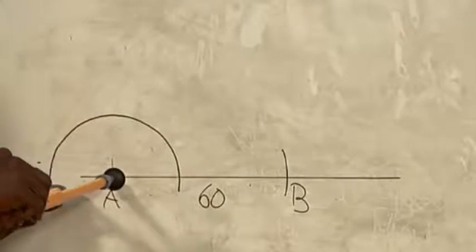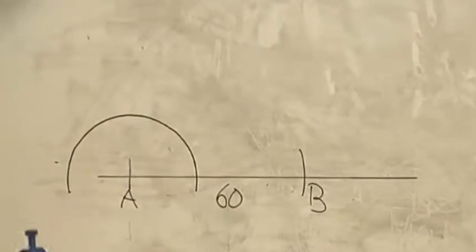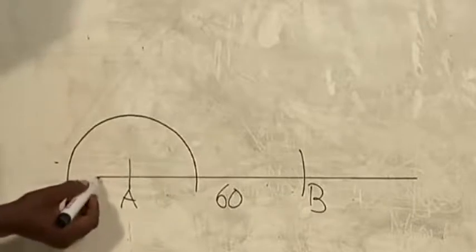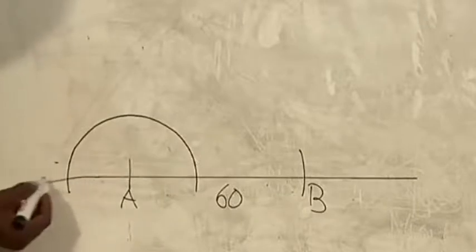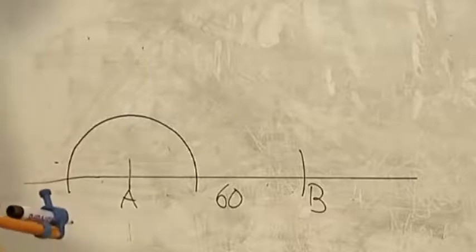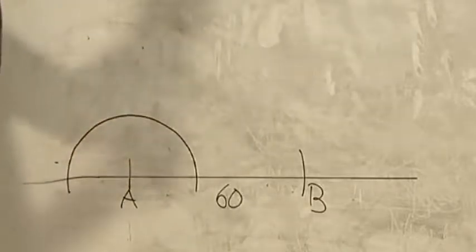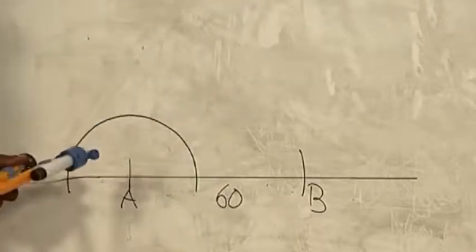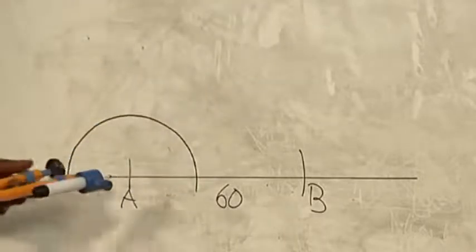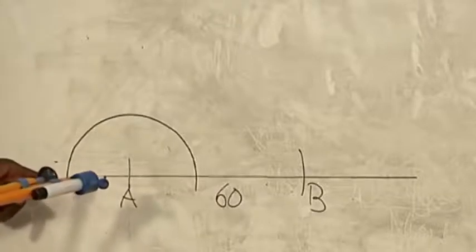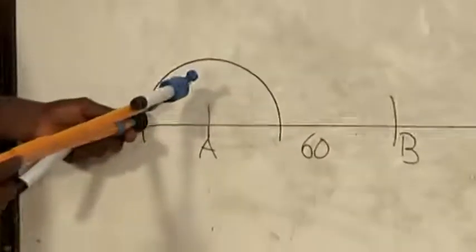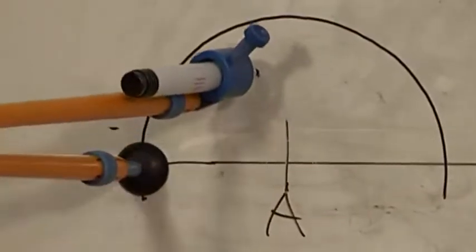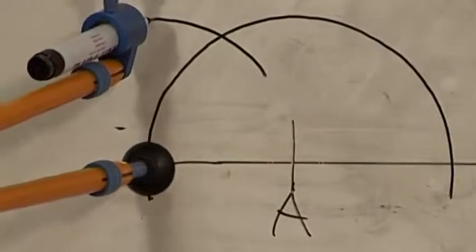That's it. You can extend your A to the left this way, using your ruler anyway. Now, with this same radius, put your needle at this other part. This is it. And cut the semicircle like this.